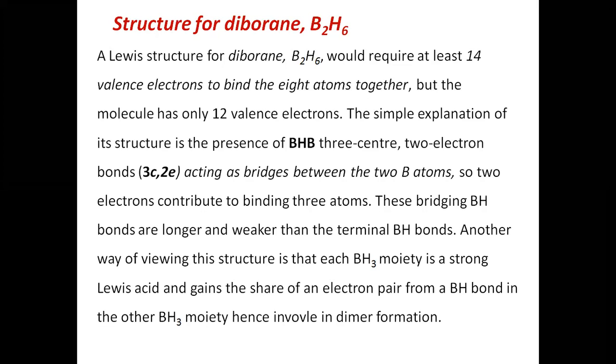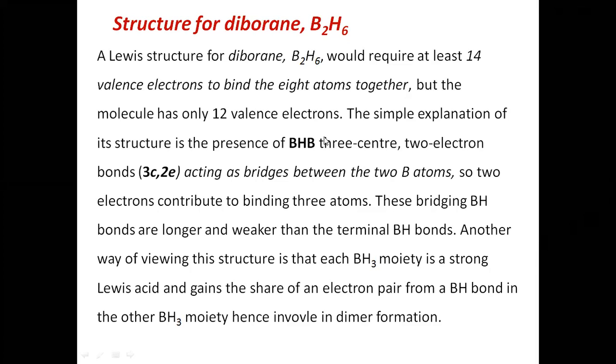Now, there are many theories explaining the structure of diborane. It is a very simple structure but very interesting, and you will find questions based on diborane. If you think about valence bond theory, VBT, every bond consists of 2 electrons.